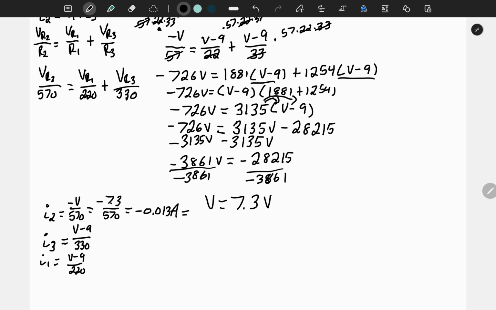So, engineering notation, we go back 3. Going back 3 means milli. So negative 13 milliamps. Then 7.3 minus 9 over 330.